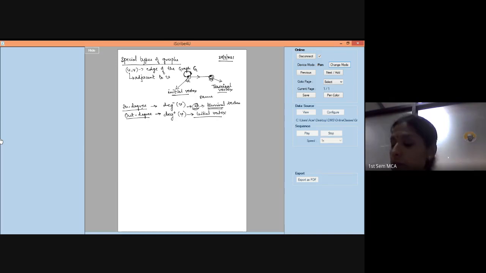In degree of a vertex v is those edges which terminate at v, meaning they complete or stop at v. Out degree means how many edges there are for which v is the initial vertex. In other words, from a particular vertex v, how many are outgoing? That is your out degree. How many are incoming edges? That is your in degree.